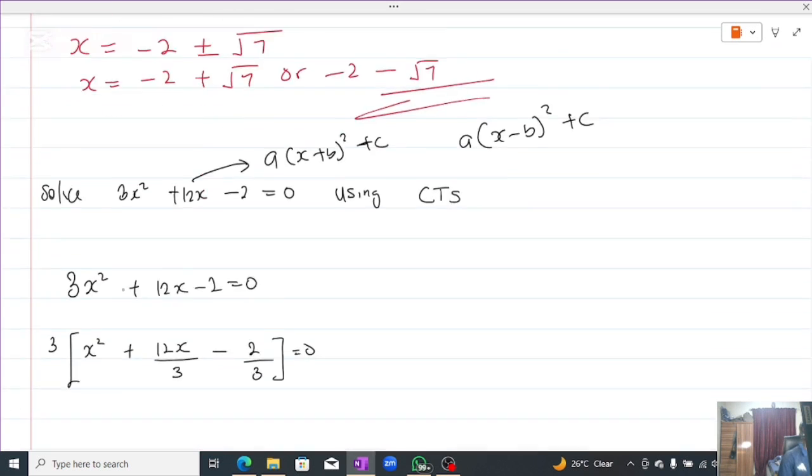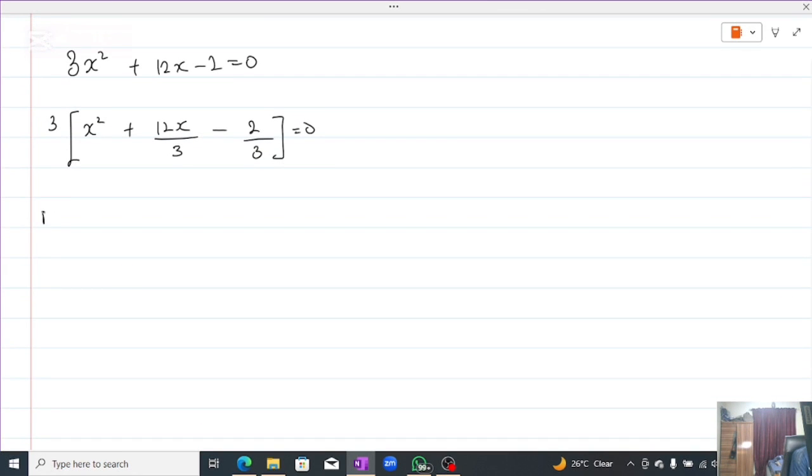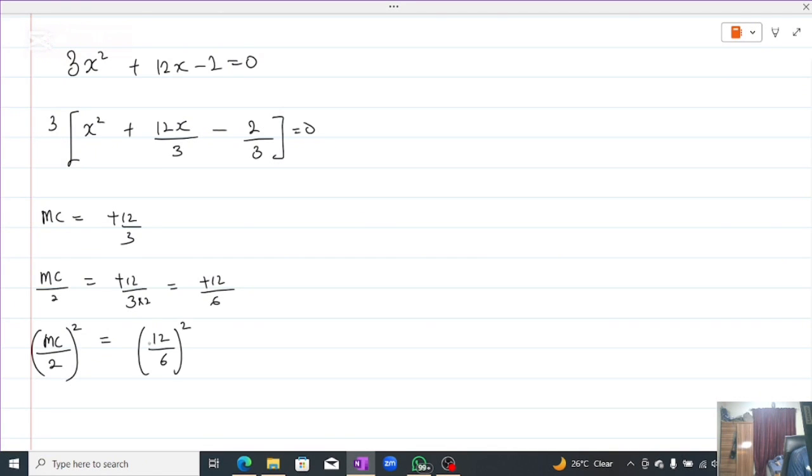Find the middle coefficient. So your middle coefficient here is plus 12 over 3. Then your middle coefficient over 2, which is plus 12 over 3 times 2, which is plus 12 over 6. Then your middle coefficient over 2 square, that will be 12 over 6 square. Remember to always put the sign there.